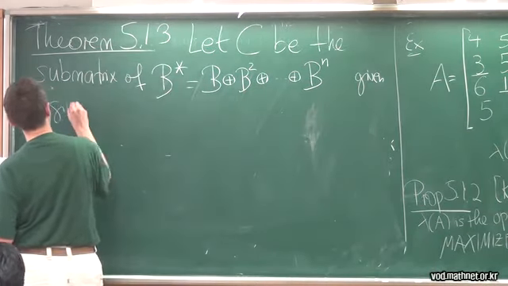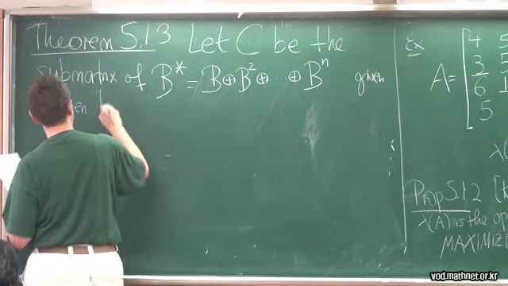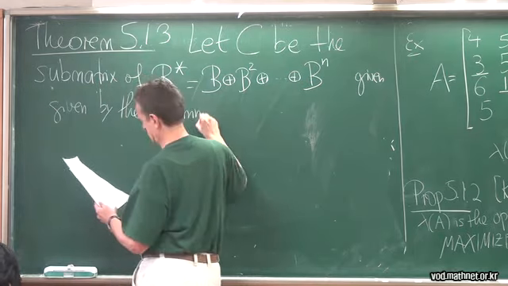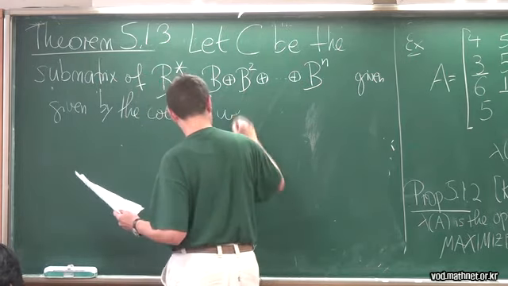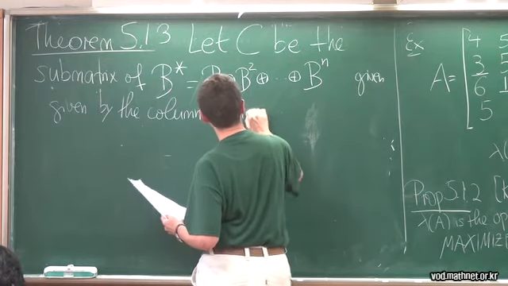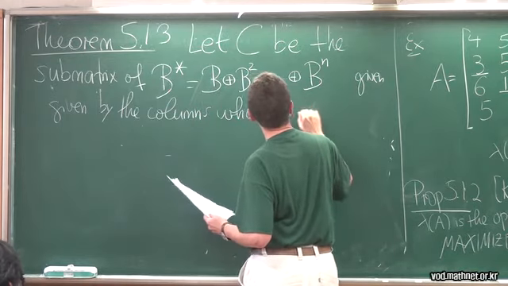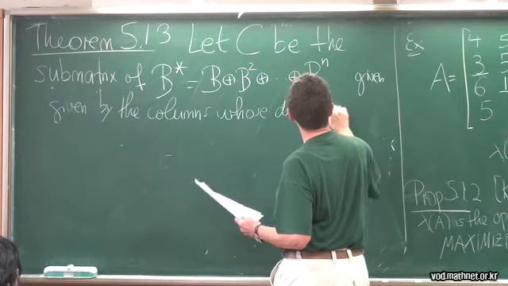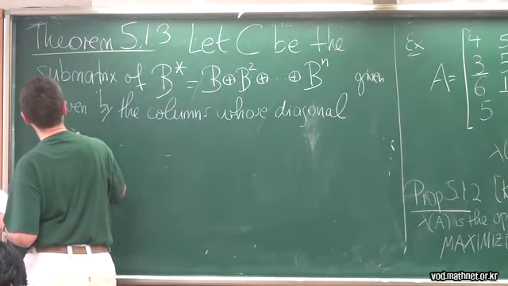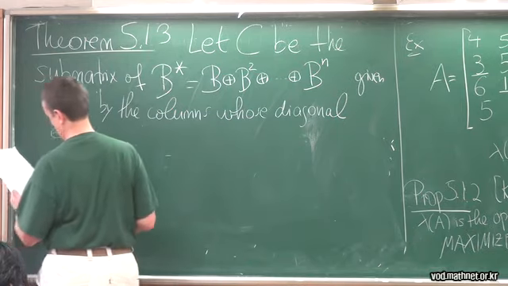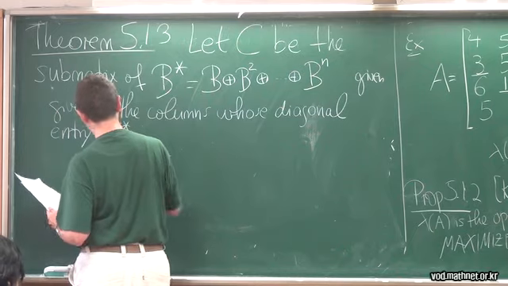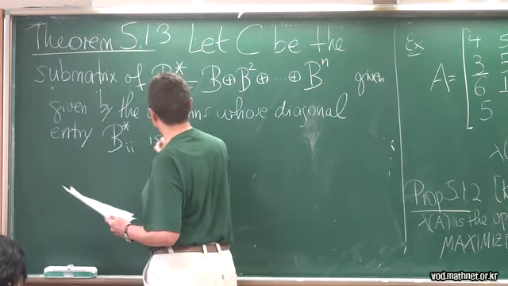Given, let me write the sentence and then I'll explain it, by the columns whose diagonal entry, B star ii, that's the diagonal entry, is 0.